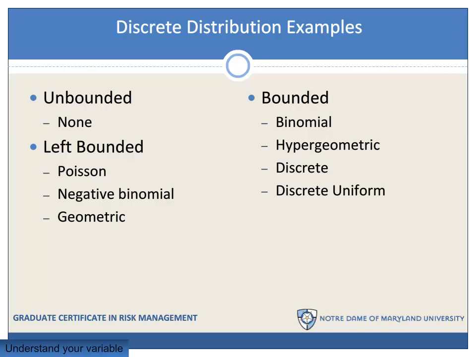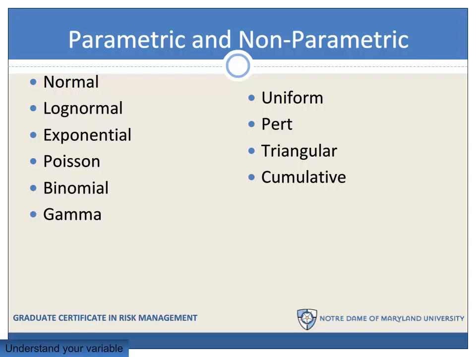But the point that I would like you to take is simply this. With knowledge of whether the variable is continuous or not and bounded or not, you can quickly zero in on candidate distributions. The next distinction you might want to make about your data is subtle and difficult for many people, and that would be, is my variable parametric or non-parametric?